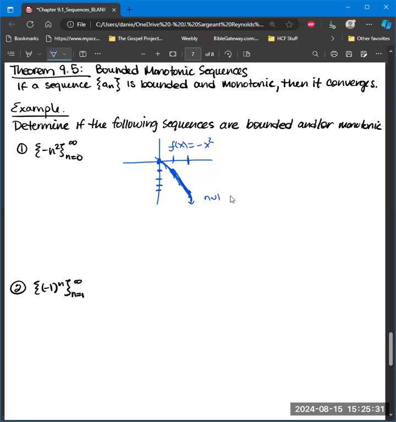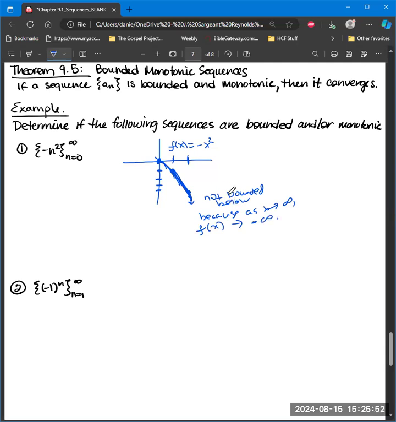It's not bounded below, because as x goes to infinity, f of x goes to negative infinity.